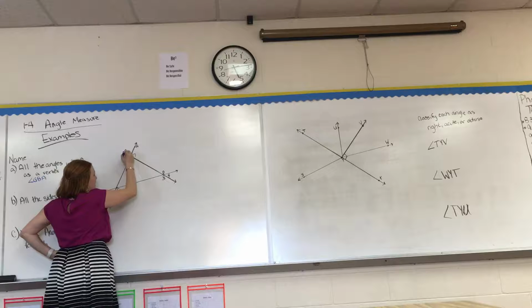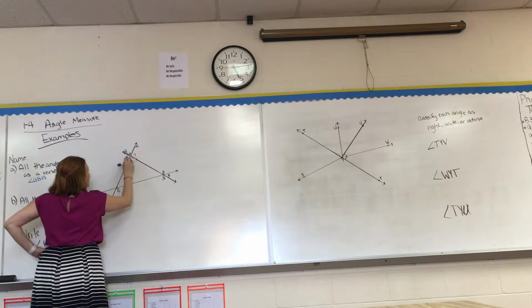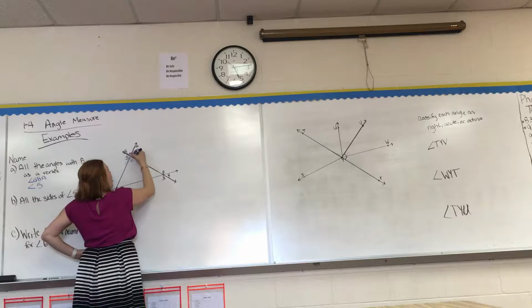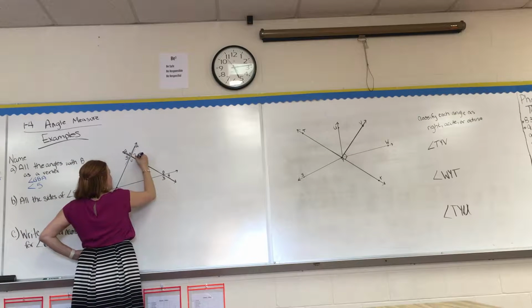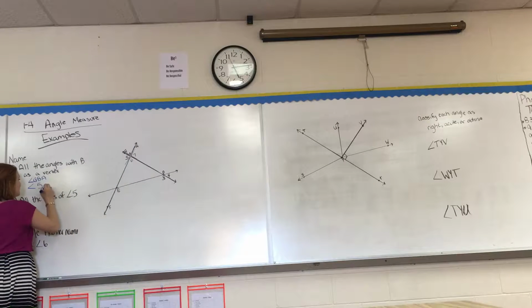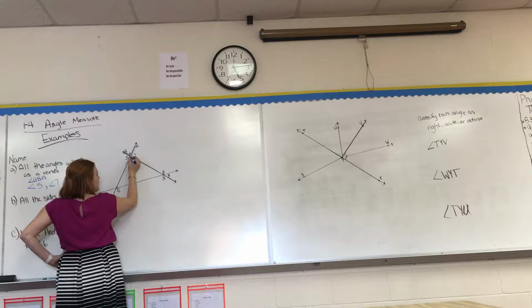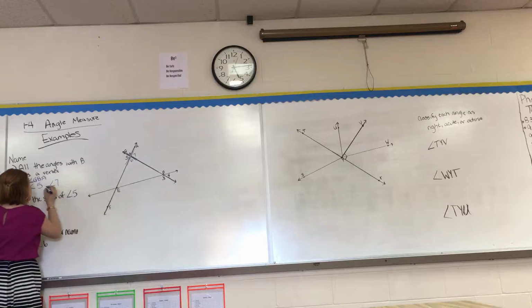We have this angle right here, which has a number 5 there, so angle 5. This one also has B as a vertex, so we have angle 7. That's a number 7 right there. B also extends down here, so we get angle 6.